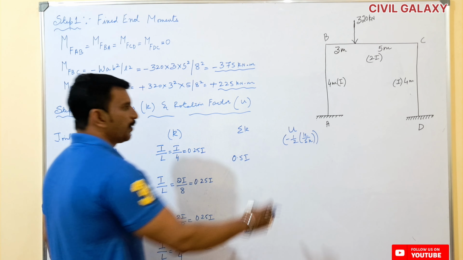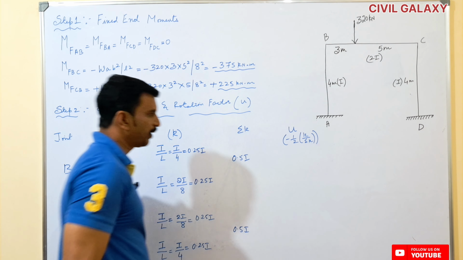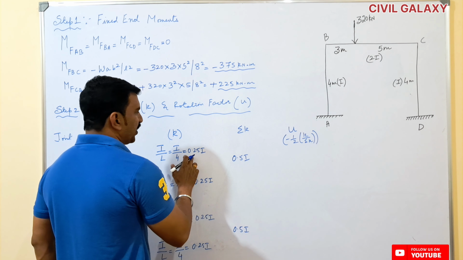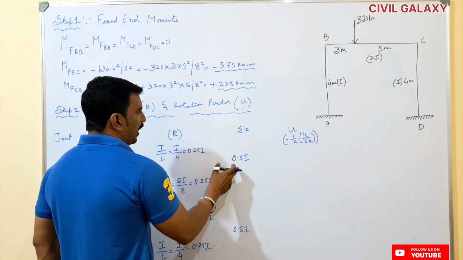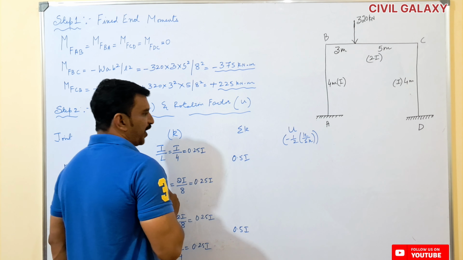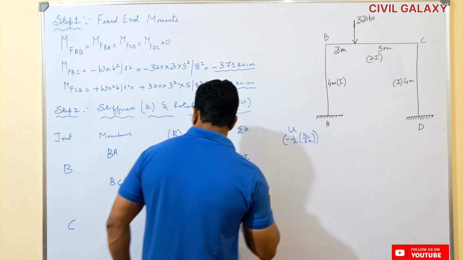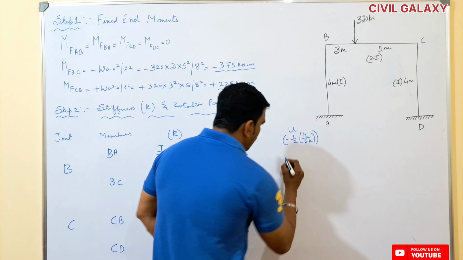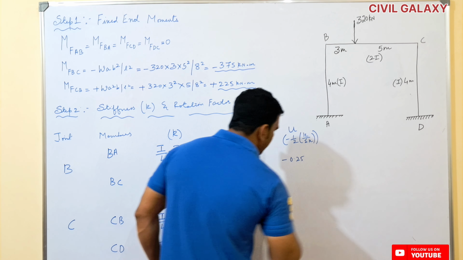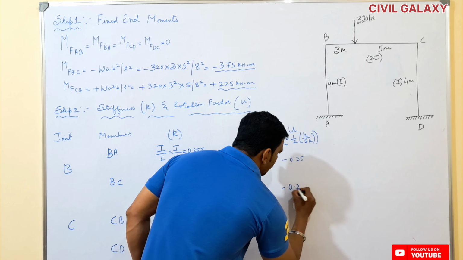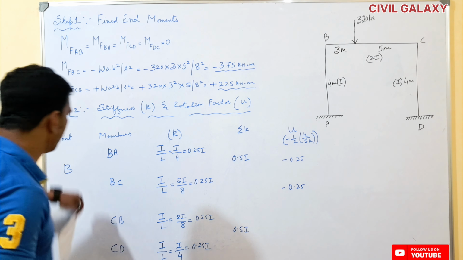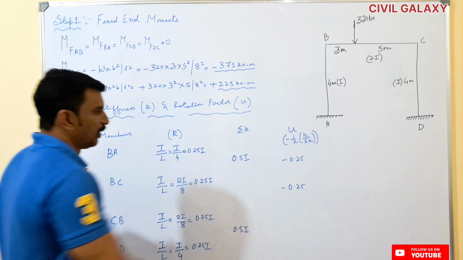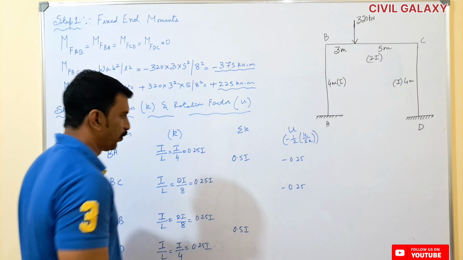If you want to get the rotation factor, then we just need to apply the values we have got here. K is 0.25 for member BA and the summation of K is 0.5 I. So if we apply the values, the rotation factor for member BA will be equal to minus 0.25, and for member BC also the rotation factor is minus 0.25.